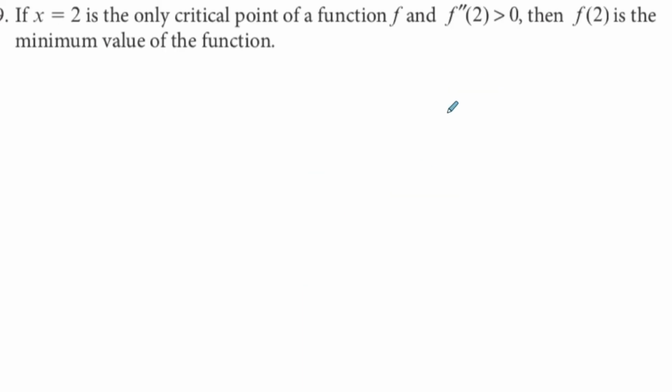All right, number 9. If x equals 2 is the only critical point of a function, that just means that there's only one value in the first derivative that gives you a 0, and that happens at 2.